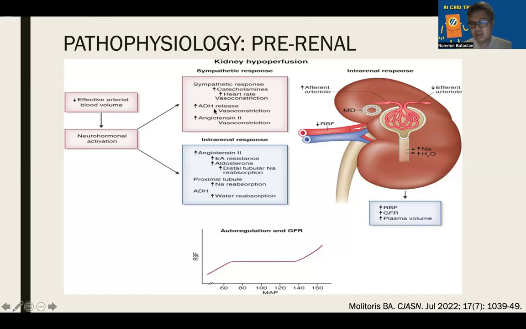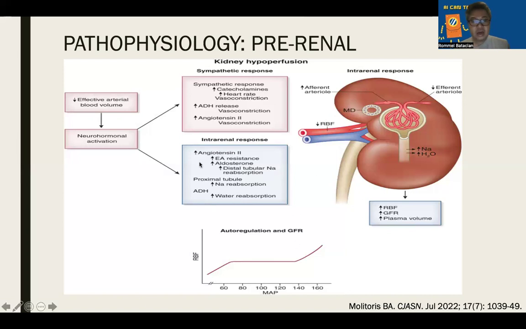There's an increase in the antidiuretic hormone causing vasoconstriction, as well as an activation of the renin angiotensin aldosterone system. In the kidneys, there would be increased efferent arteriolar resistance, increase in the aldosterone to increase tubular sodium reabsorption. There's increased proximal tubular sodium reabsorption, and definitely water follows, by virtue of osmosis.